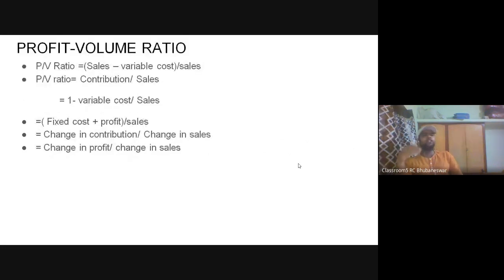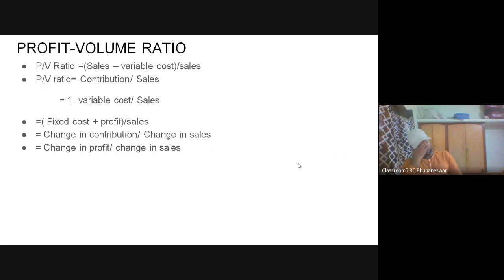Then what is profit volume ratio? PV ratio is one of the important ratios which will determine the earning capacity of a business. This PV ratio identifies the relationship between your sales and the earning part. So profit and volume, sales and profit both are to be judged here.